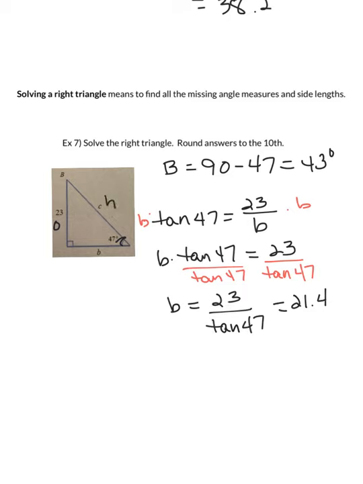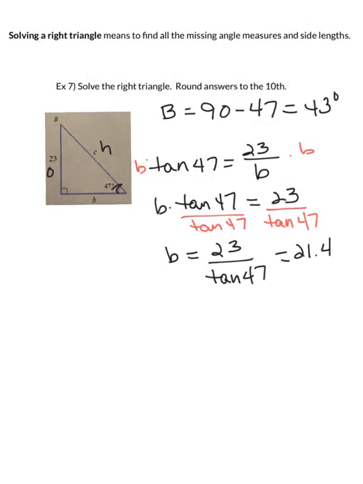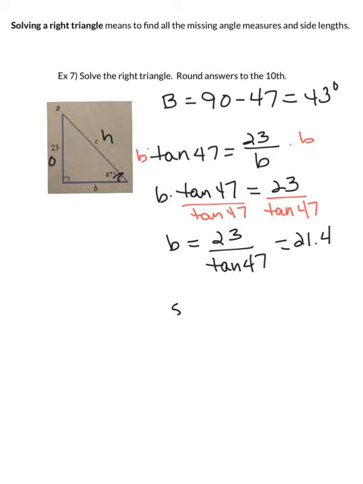Well, opposite and hypotenuse is the sine function. So this time, we are going to do the sine of 47 equals the opposite of 23 over the hypotenuse, which is C.